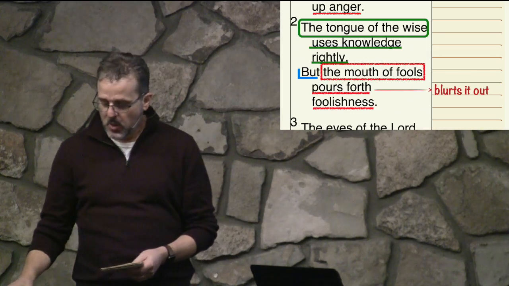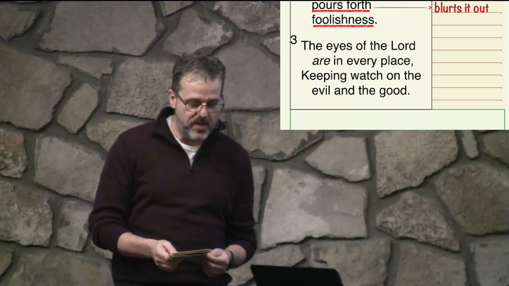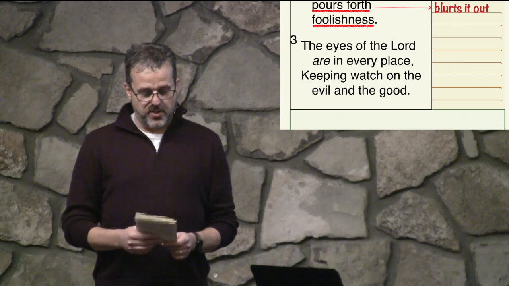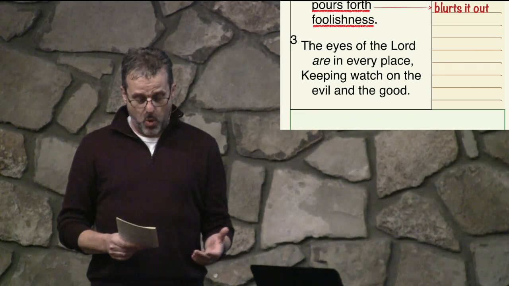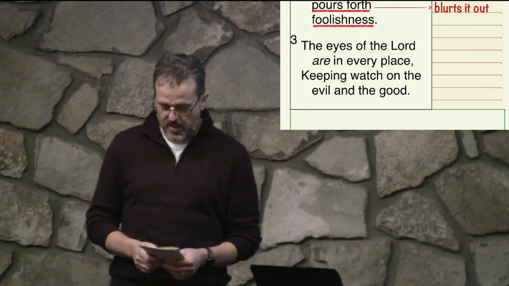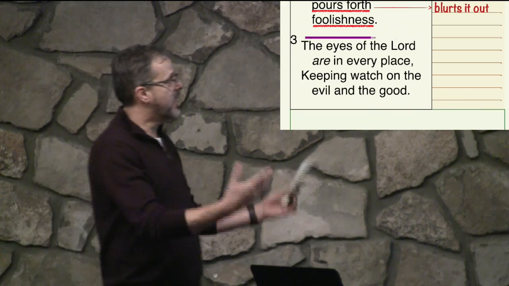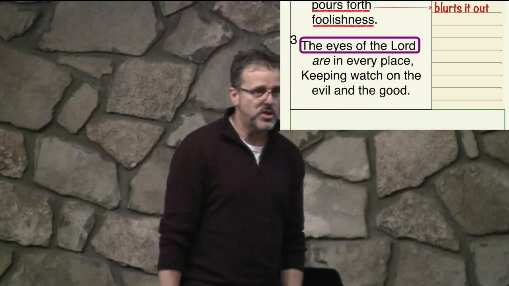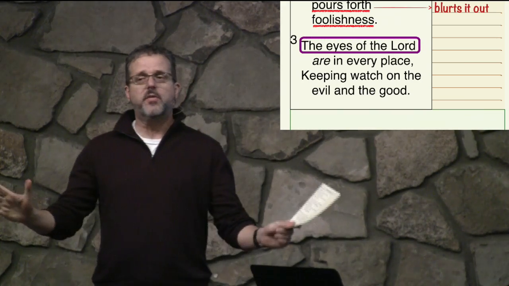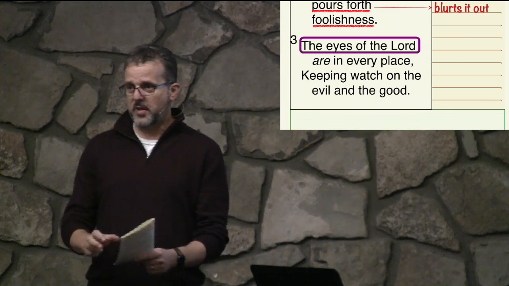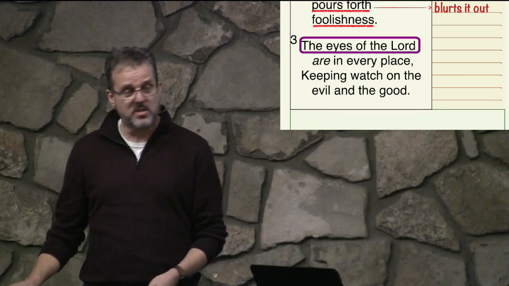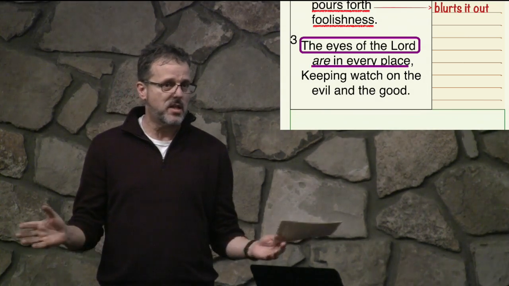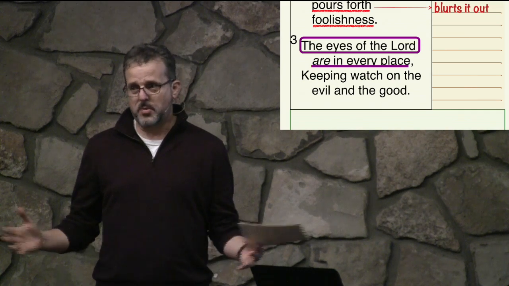All right. Well, Proverbs 15, verse 3 says, the eyes of the Lord are in every place, keeping watch on the evil and the good. What we're noticing here is God's eyes, his perfect knowledge, his perfect sight. He says they're everywhere. He sees everything. His eyes are in every place.